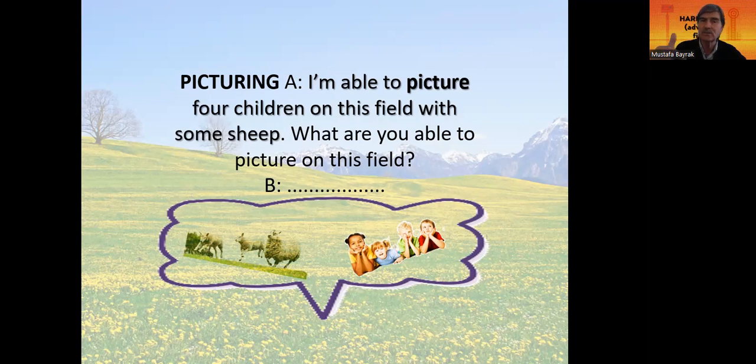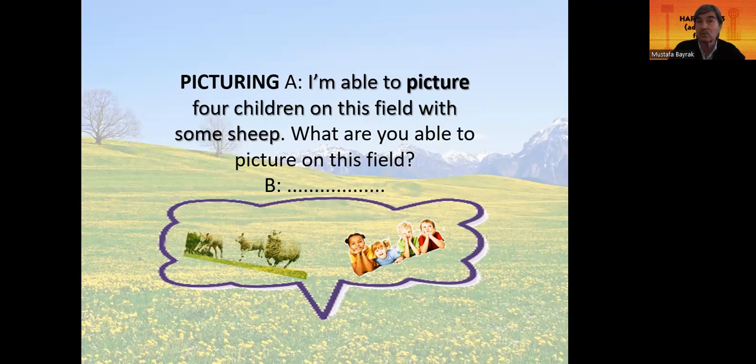Okay? Yes, picture somebody else. I'm able to picture you as the owner of this field. I'm able to picture a building as an office on this field, etc., etc.